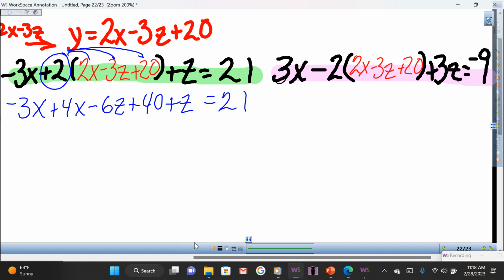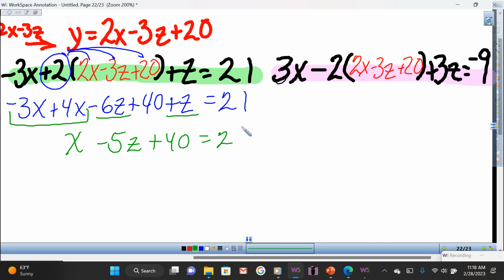I'm going to switch to green to combine like terms. What is negative 3x plus 4x? 1x, yes. What is negative 6z plus z? Negative 5z. Bring down the 40, the equal, the 21.